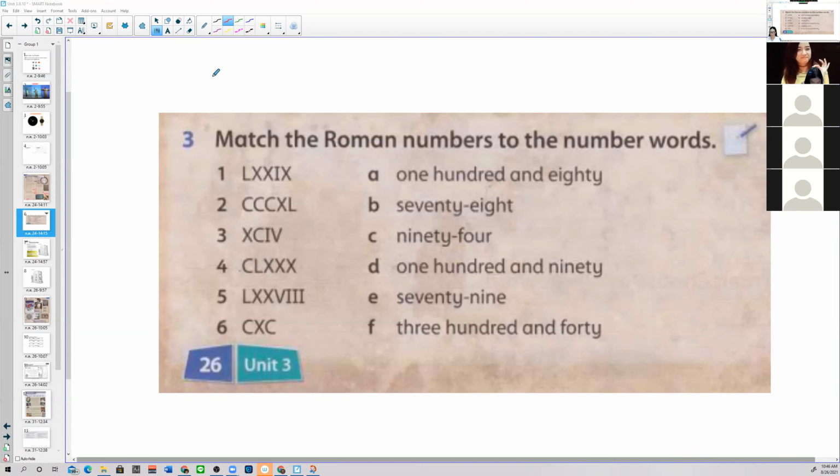X is 10. Let me know when you finish, okay?